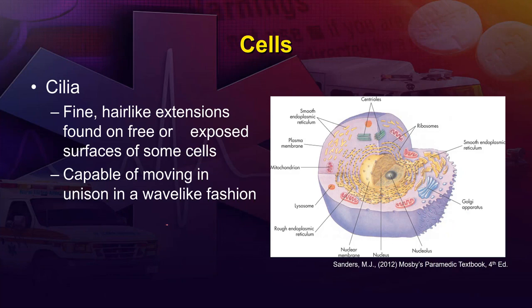Not the same as microvilli, but again sometimes misidentified, are cilia. Cilia are generally hair-like extensions and not necessarily finger-like extensions, though I don't know that that matters when you're looking under a microscope. The hair-like extensions here are going to be used in the movement of a cell. So we don't generally think of cells as crawling along something, and in some cases they do, but very often cells are existing in water.